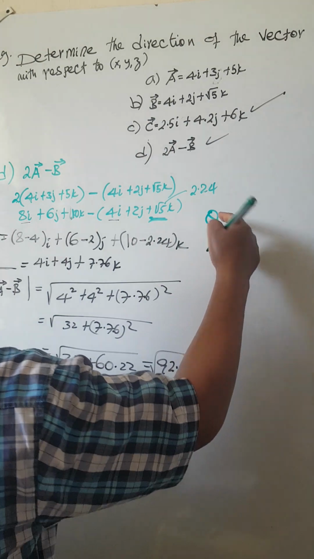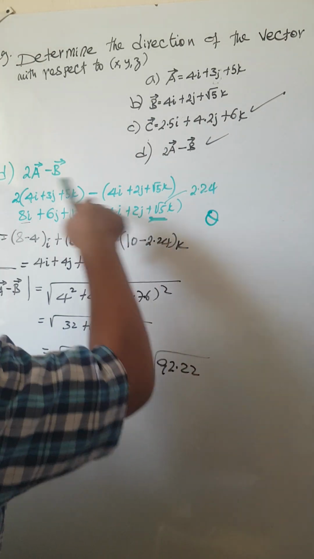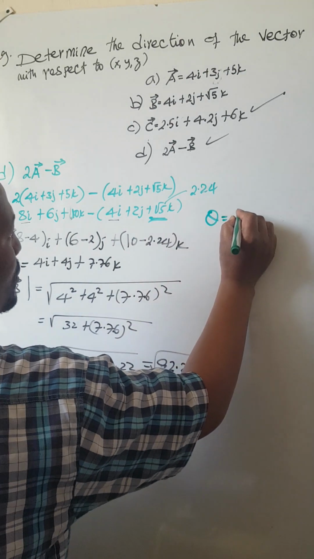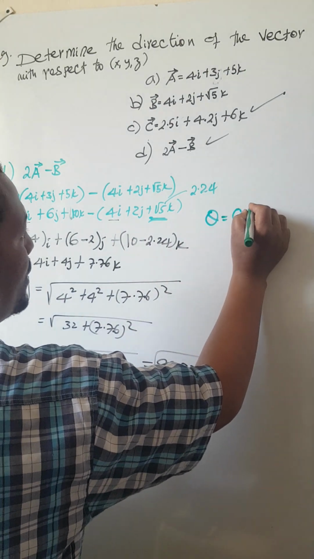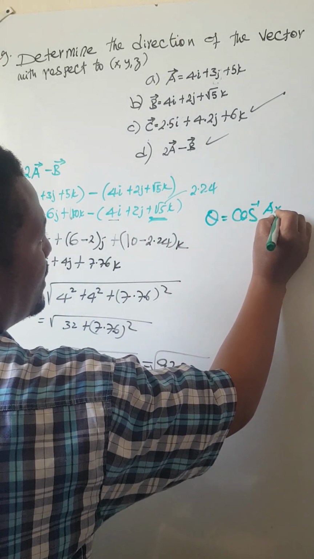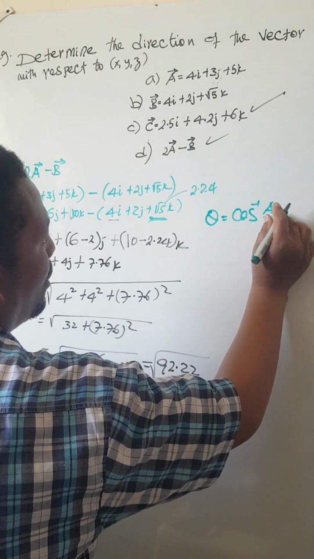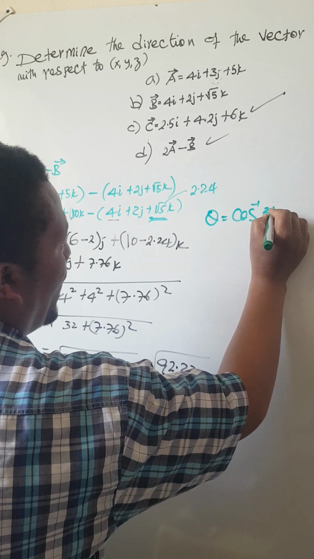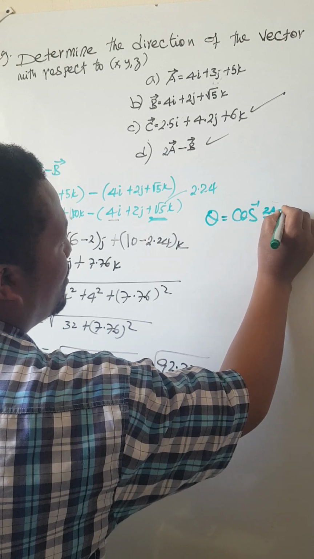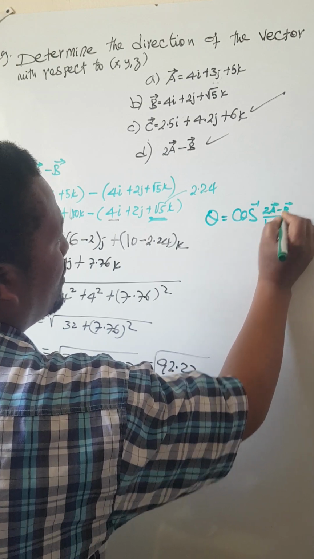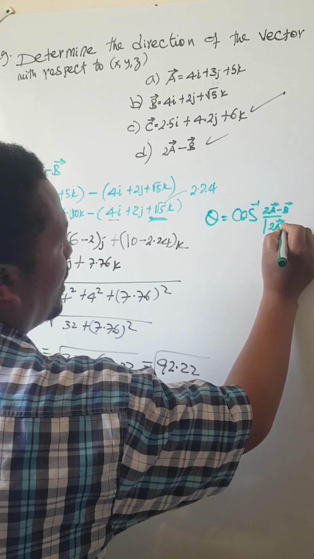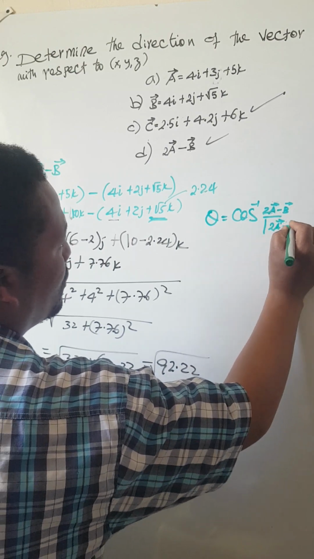Theta, which the vector 2A minus B makes with the x-axis, is equal to cosine inverse of the x component of 2A minus B divided by the magnitude of this vector.